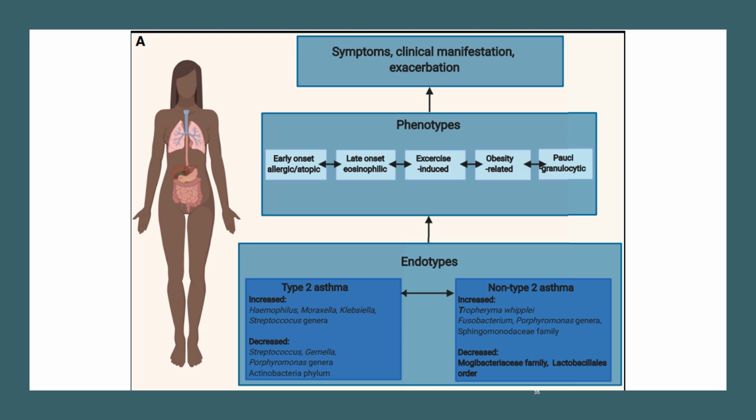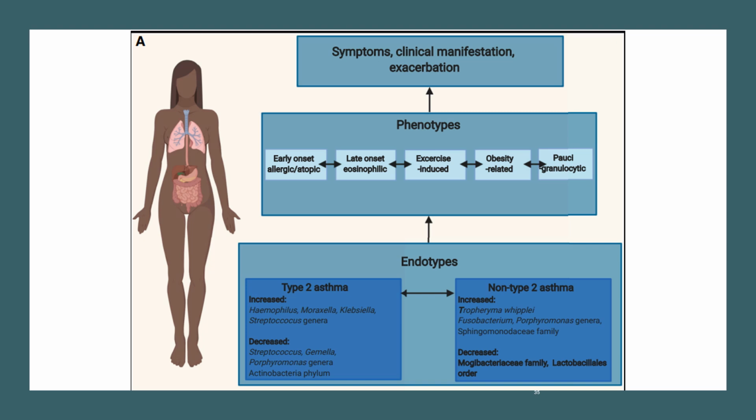Type 2 asthma, what we saw in the lung microbiome is that we saw an increase in inflammatory bacteria like Haemophilus, Klebsiella, and Streptococcus. And then we saw a decrease in Porphyromonas, Actinobacteria, and Gemella.